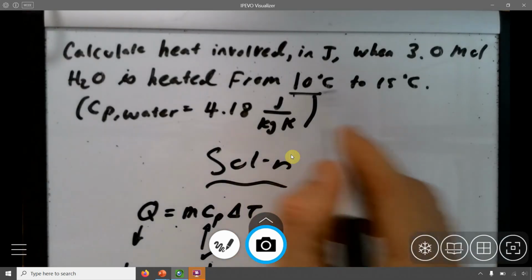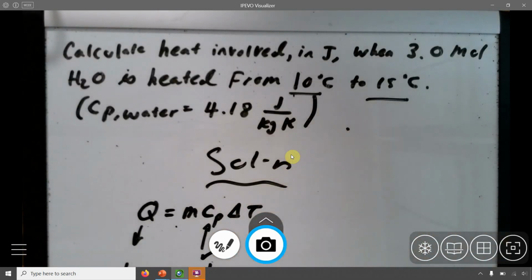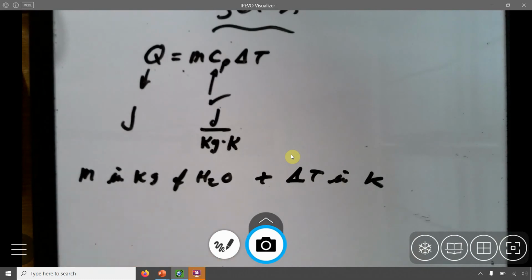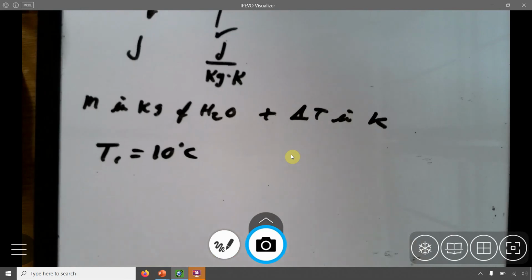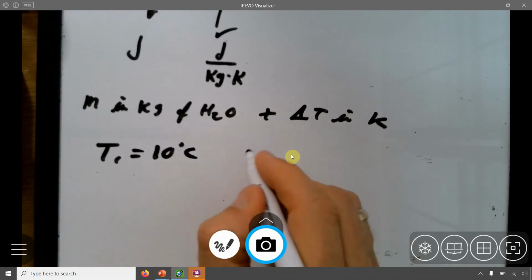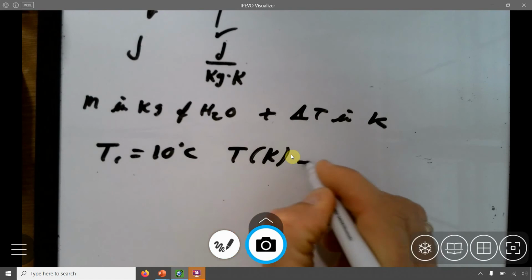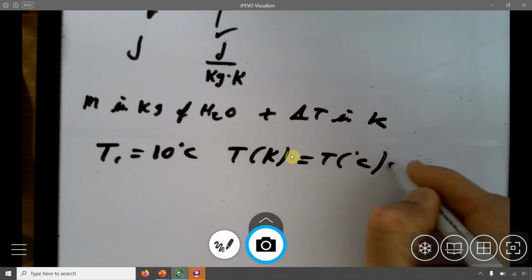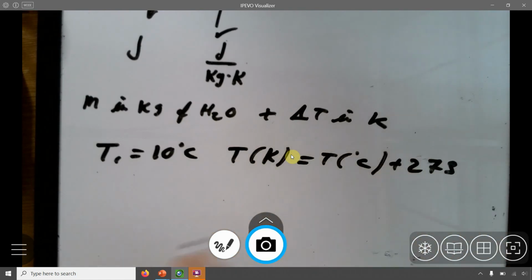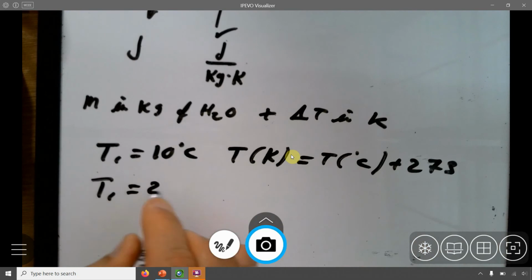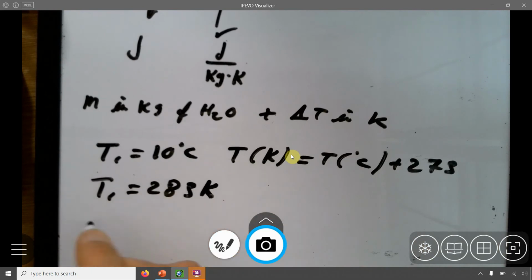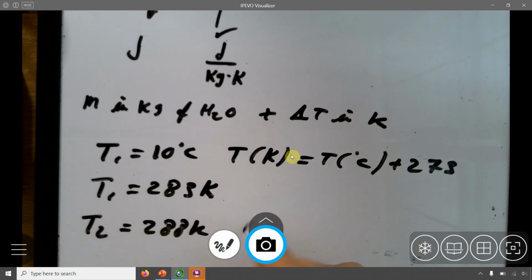I give you that it goes from 10 to 15, but I give it to you in Celsius. So let's do that. I know that my T1 is 10 degrees Celsius. If I want this in Kelvin, I'll remind you that T in Kelvin is T in Celsius plus 273. So therefore T1 is going to be 283 K, and T2 is going to be 288 K, because T2, by the way, was 15 degrees Celsius.